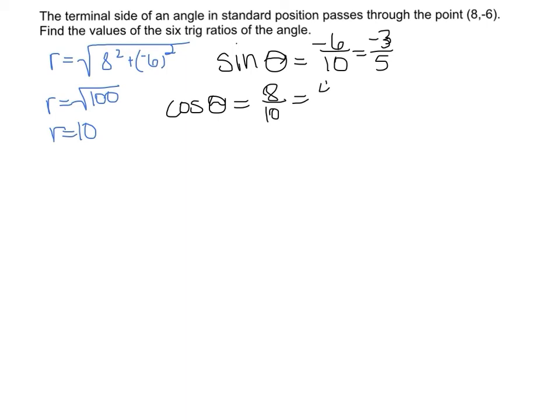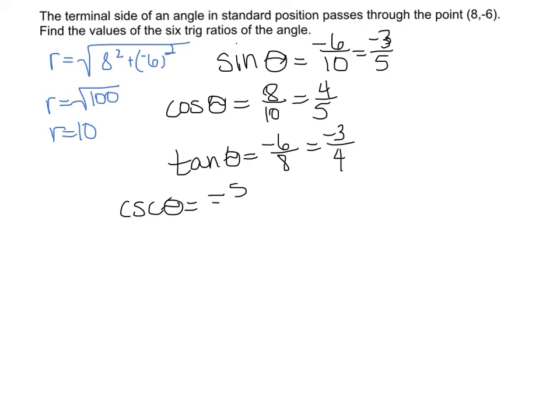This one's 4/5. This will reduce to -3/4. Here, I'm going to remember to move that negative into my new numerator, so I'm going to make that -5/3.